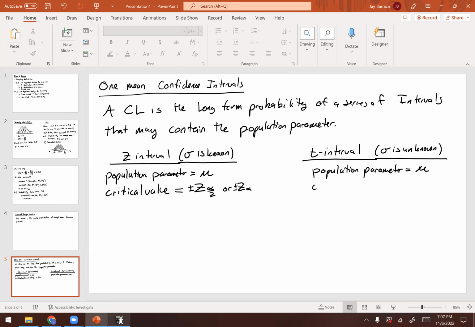And then the critical value for T is going to be plus or minus T alpha over 2 comma degrees of freedom, or T alpha comma degrees of freedom plus or minus, right? And so the Z interval doesn't care about degrees of freedom. The T does. So degrees of freedom is your sample size minus 1. So you just have to remember that, right?